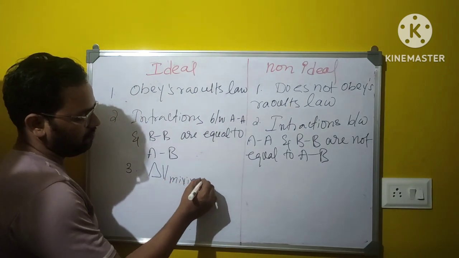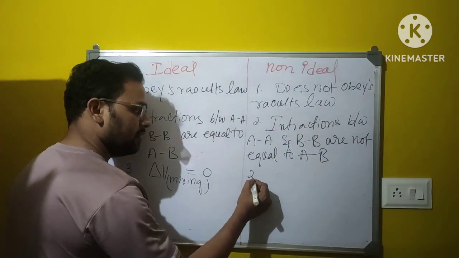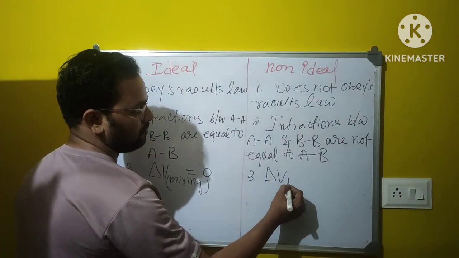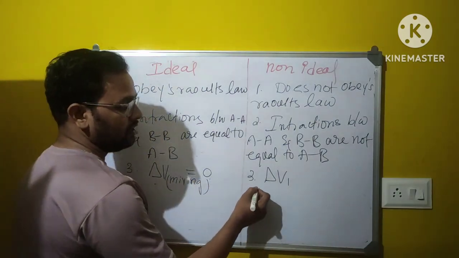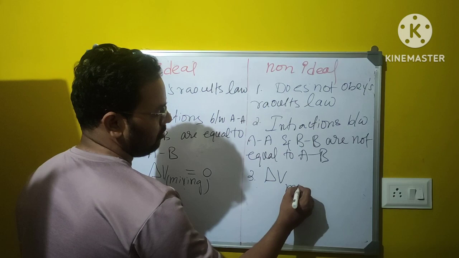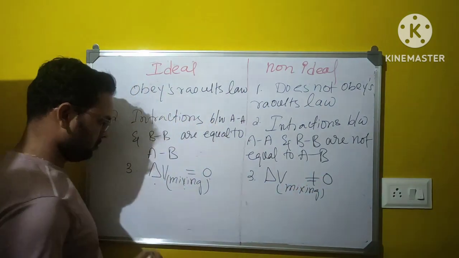For an ideal solution, change in volume on mixing is equal to 0. For a non-ideal solution, change in volume on mixing is not equal to 0.